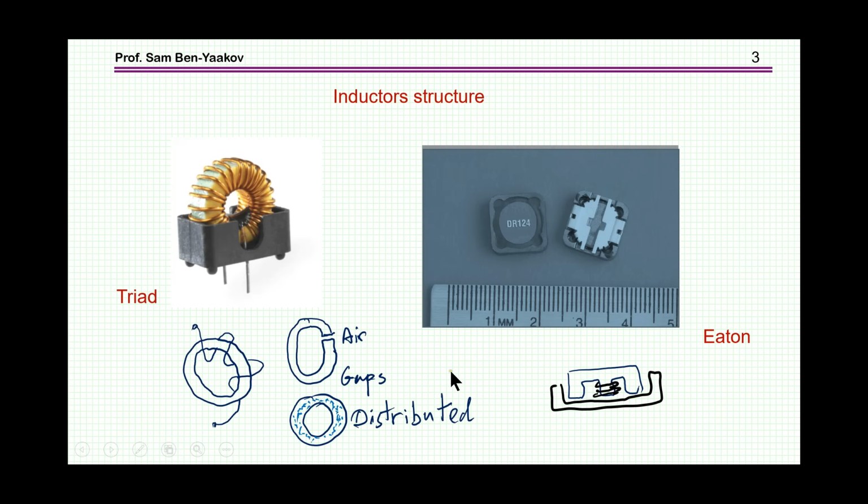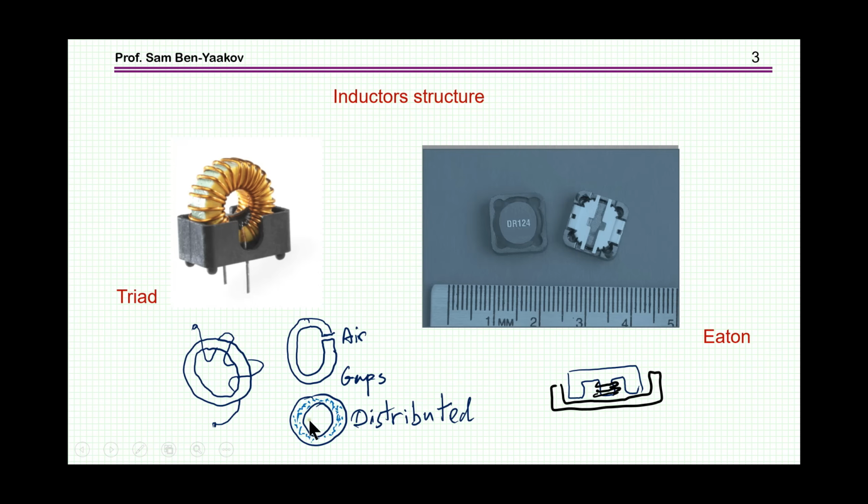Now, inductors can be bought as commercial items or could be built. I'm here concentrating on inductors which are bought, that is commercial items, and I'm showing here two types. One is built around a toroidal body. It has a toroidal body, and then there's some windings around it.